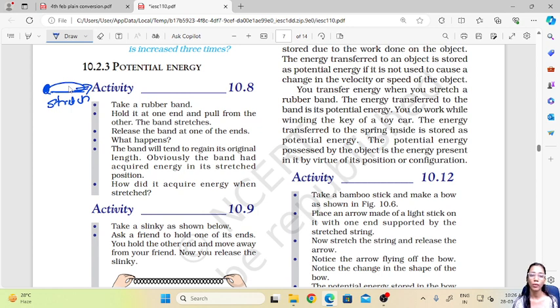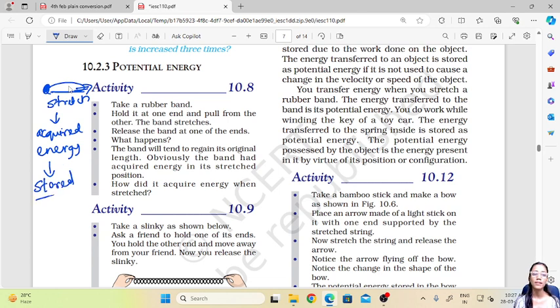Obviously, the band had acquired energy in its stretched position. How did it acquire the energy when stretched? When the band was stretched, it acquired energy, and this energy was stored.